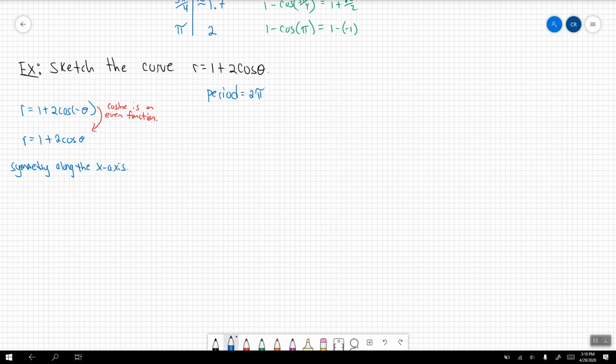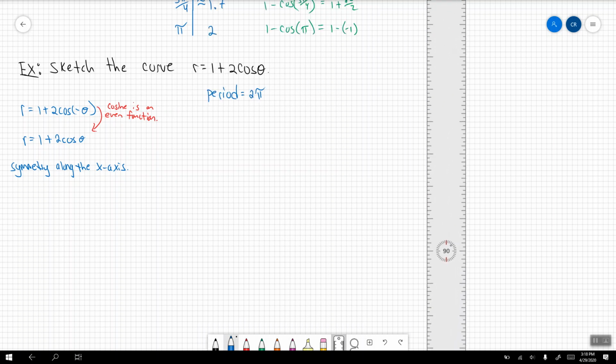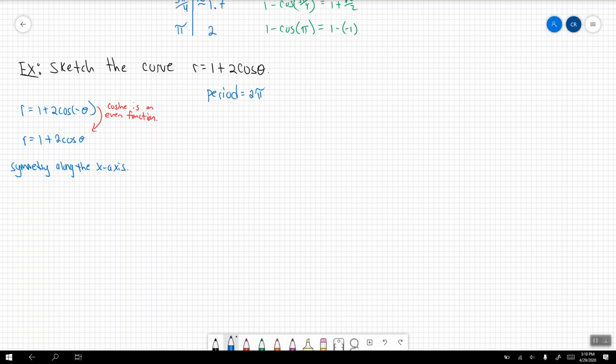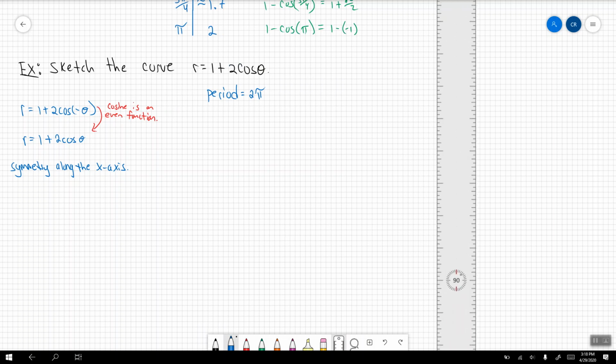So what I'm going to do is create this table so that I can start looking at these values. Actually, I said I'm going to create the table, but I'm actually not going to. I'm going to do something else really quick. I'm going to say consider graphing y is equal to 1 plus 2 cosine of x.